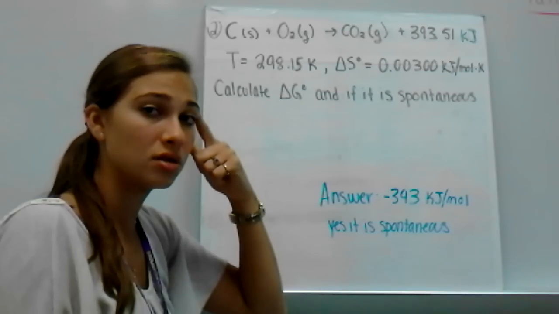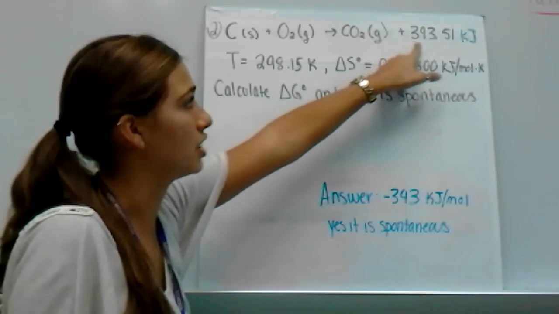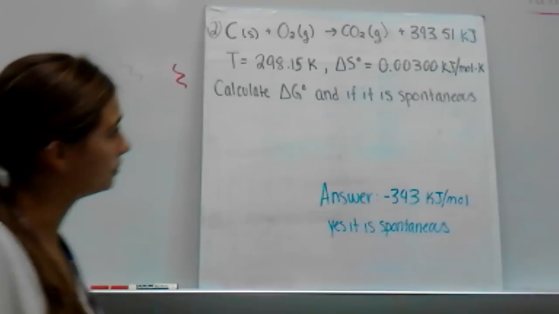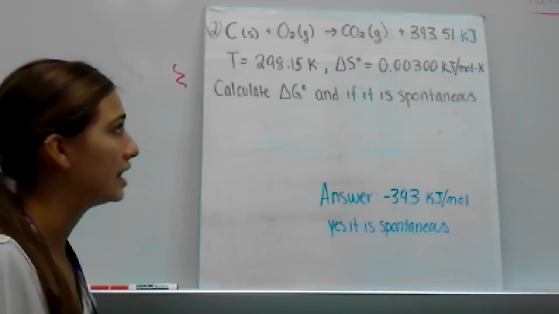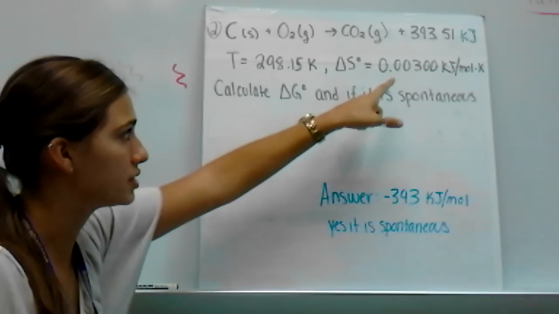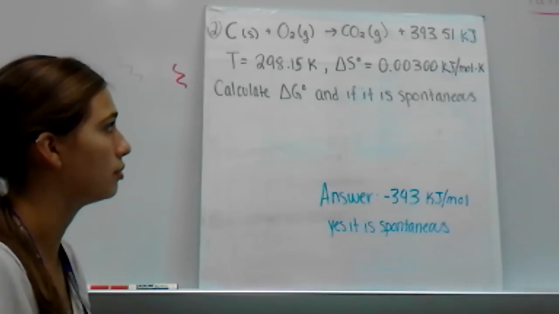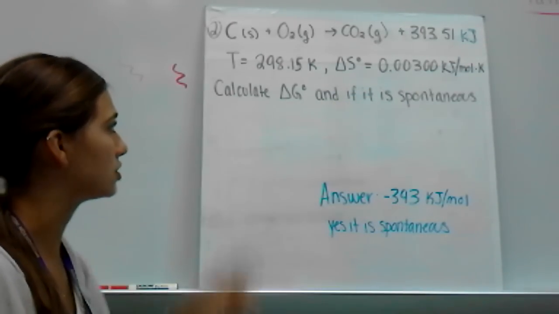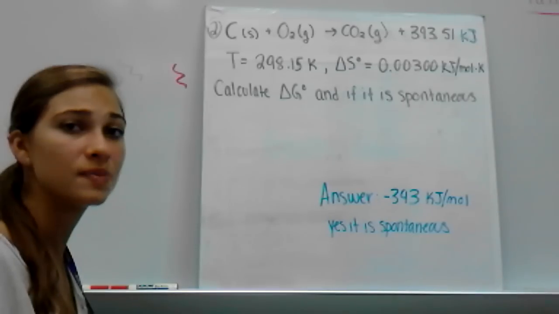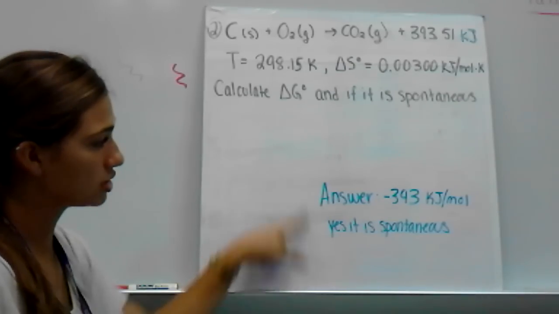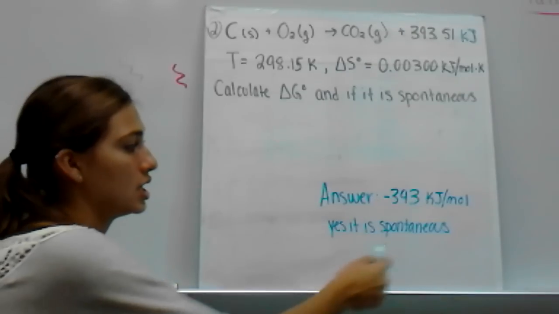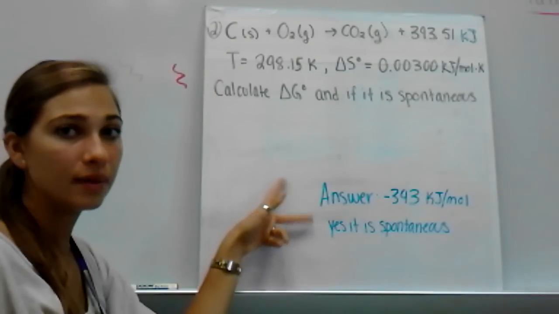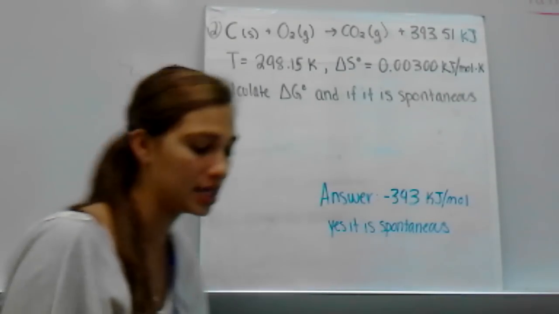So if you know it's exothermic, you have to decide if this value is going to be positive or negative. They give you temperature is 298.15 Kelvin. They tell you that your entropy is 0.00300 kilojoules per mole. And what they want you to do is calculate delta G and say if it's spontaneous. The answer is right up here, so negative 393 kilojoules per mole, and it is spontaneous. Try to work this out and make sure you get the right answer. We can go over it in class next time.